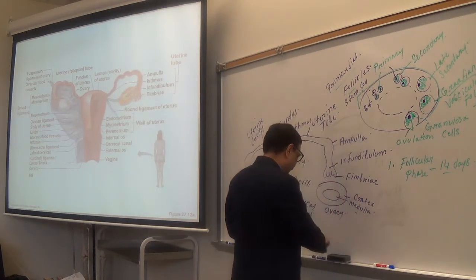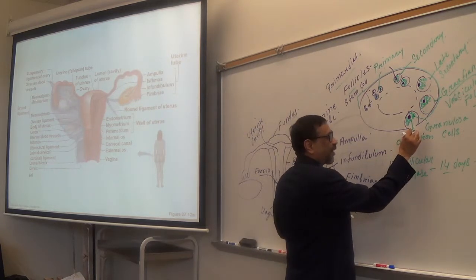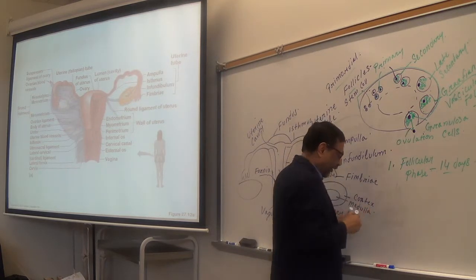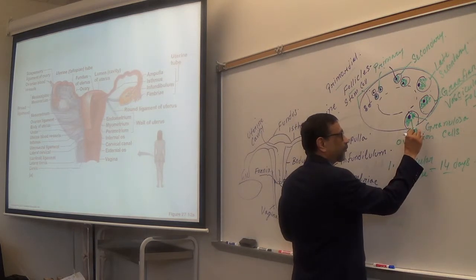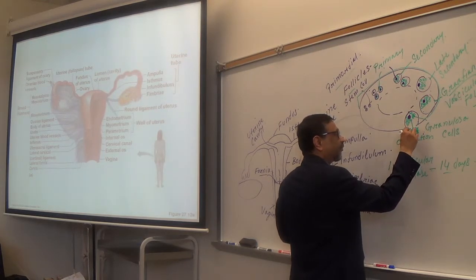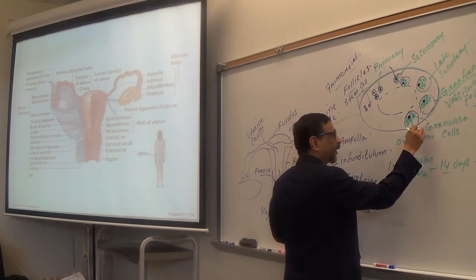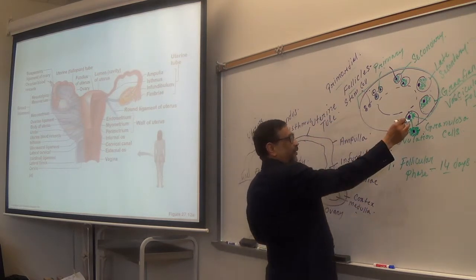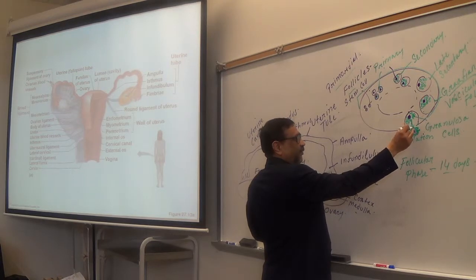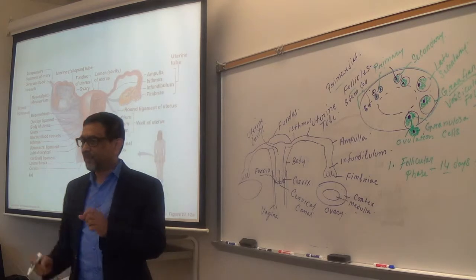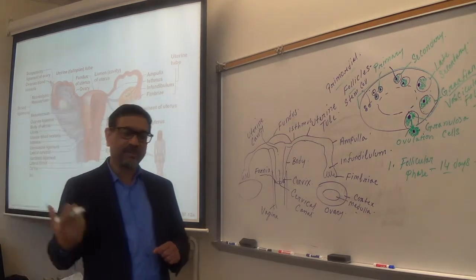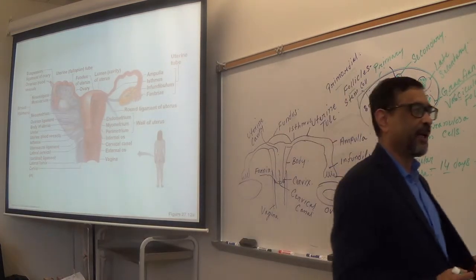So the egg or ovum comes out like this with some granulosa cells around, like this. Okay? So it gets out from the ovary. Rupture of the Graafian follicle and release of the egg to the outside of the ovary.